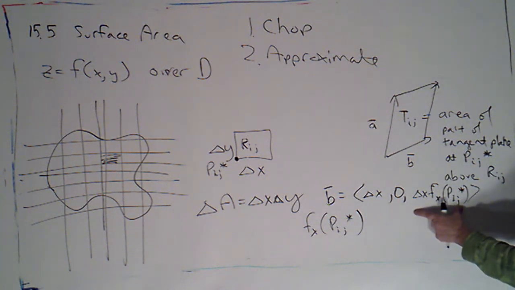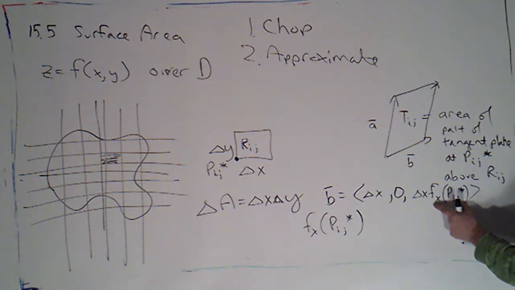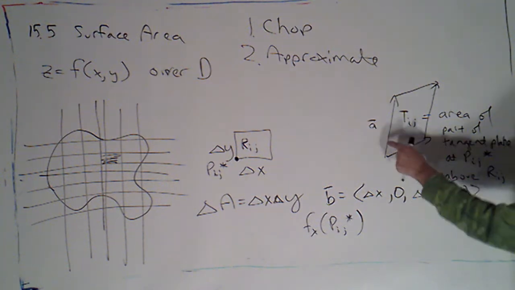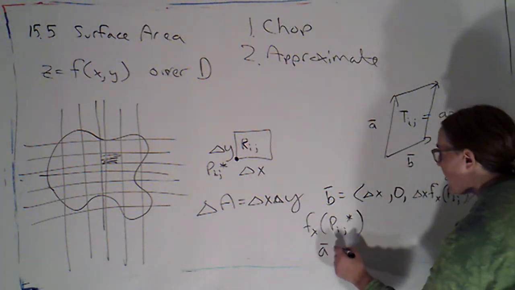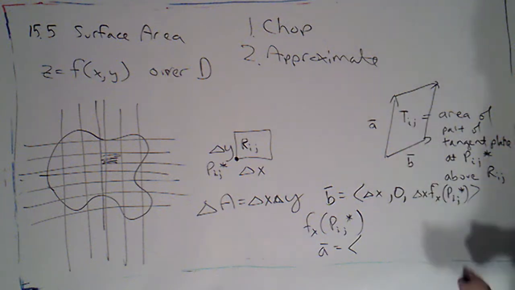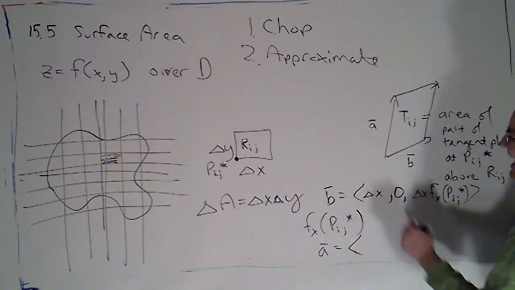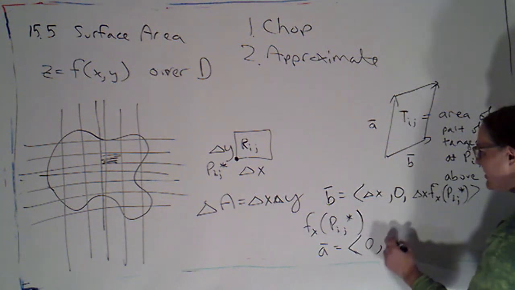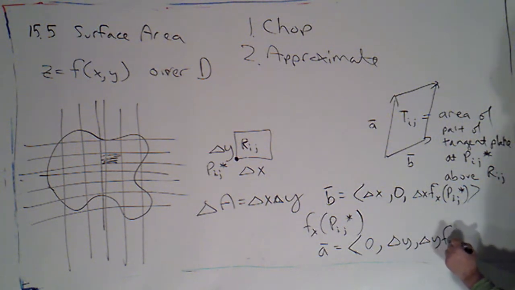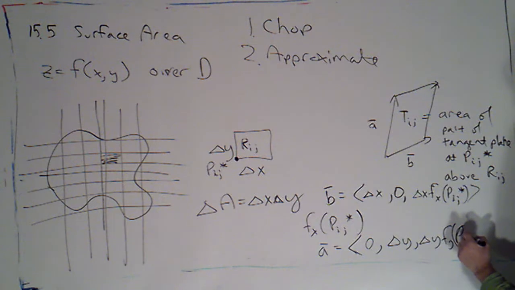So the amount that z changes is the rate of change with respect to x times the amount that x changes. By a similar argument, A would be, and I probably should have called this one A and that one B, but it doesn't matter. Okay. A is 0, delta y times f sub y, evaluated at my representative point.